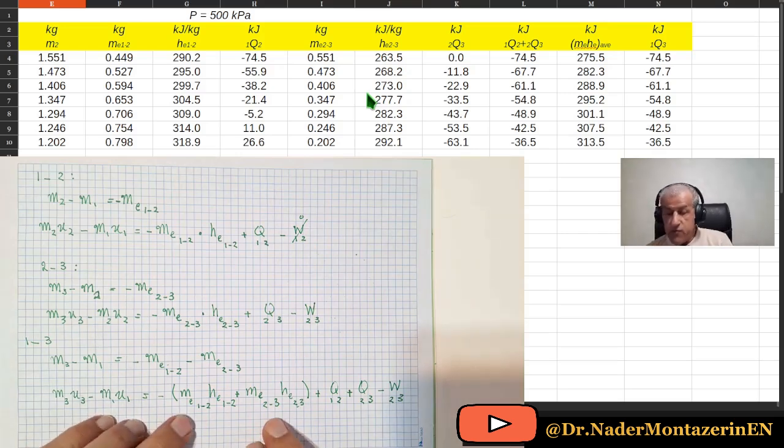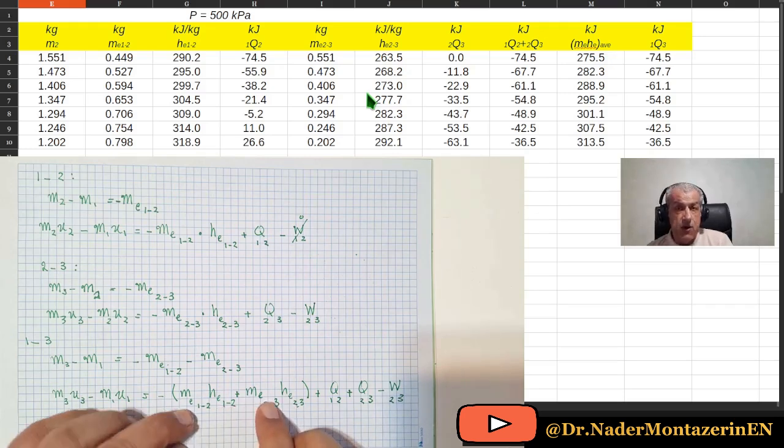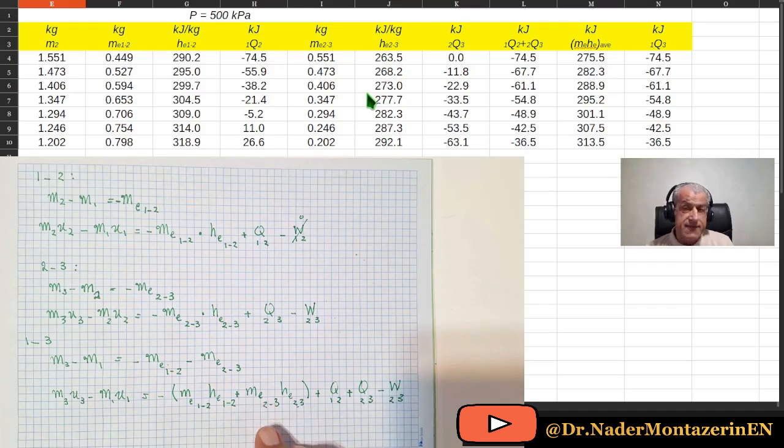But I found a better way of finding that average, and that average is a mass-weighted average. So for every mass that leaves our control volume, I have assumed an average which is more appropriate for it.